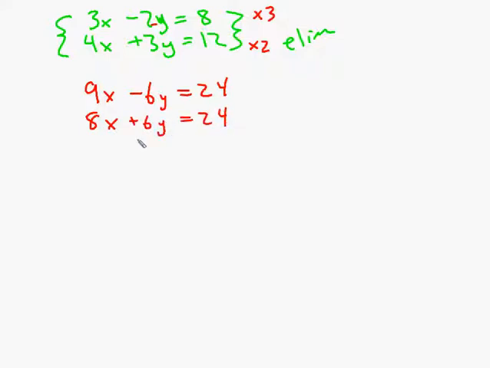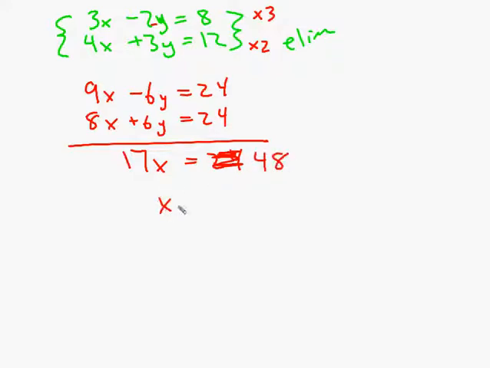And then what I do is I add down, and I get 17x equals 24. No, am I dumb? Add those. 48, and then divide by 17. Okay, I did those, and then the rest is common.